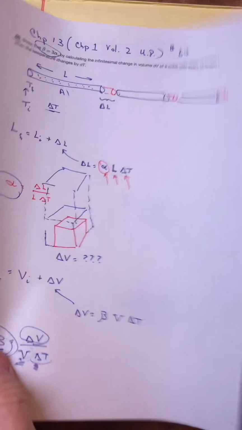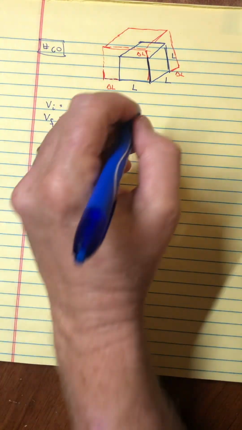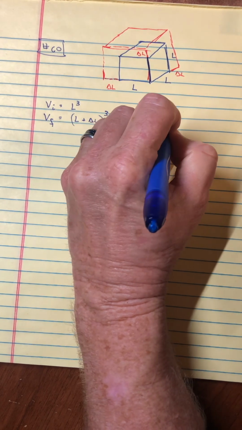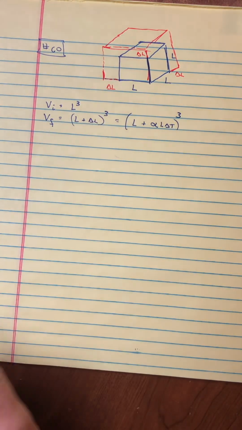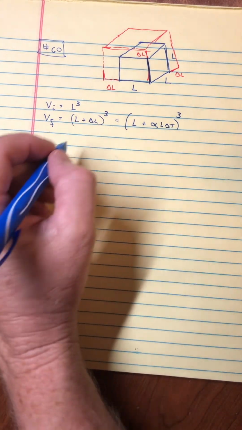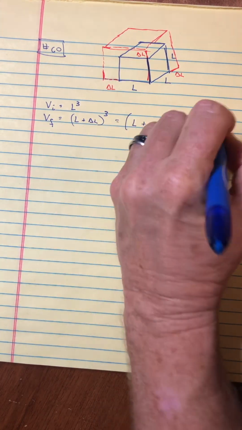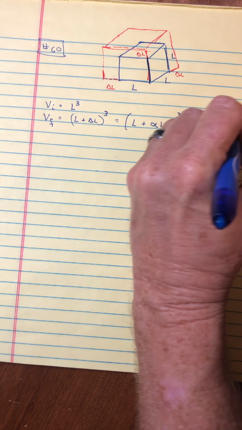And if you let me come back to the little mini lecture here, this delta L is alpha L delta T, cubed. Which then, if you factor out an L, has this 1 plus alpha delta T, cubed.